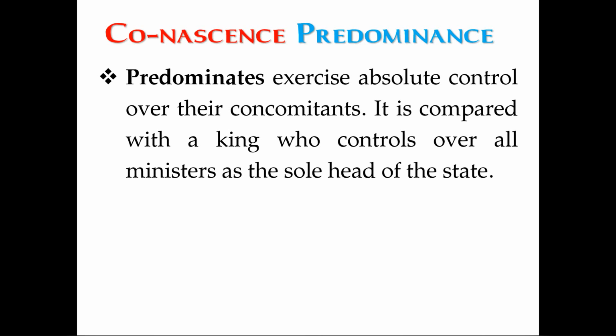Those 4 predominances exercise absolute control over their concomitants. It is compared with the king who controls all ministers as the sole head of the state. There are many ministers. The president controls every minister. He is the chief, the sole power, the sole head of the state.